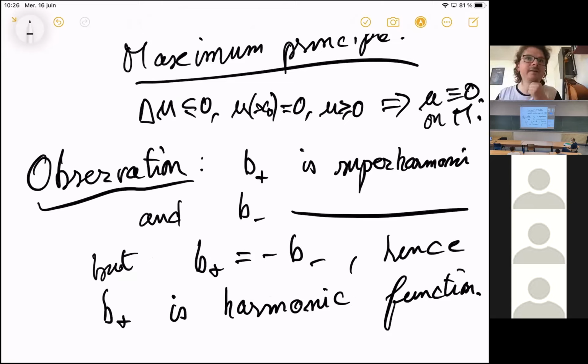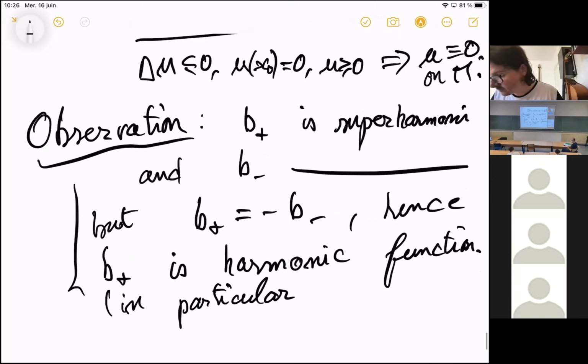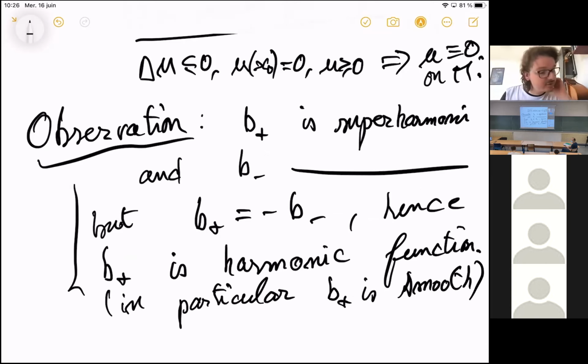In particular, being harmonic in a weak sense and being smooth is the same. So B plus is smooth. So once we're here, we don't have to care about smoothness and weak derivatives and so on.